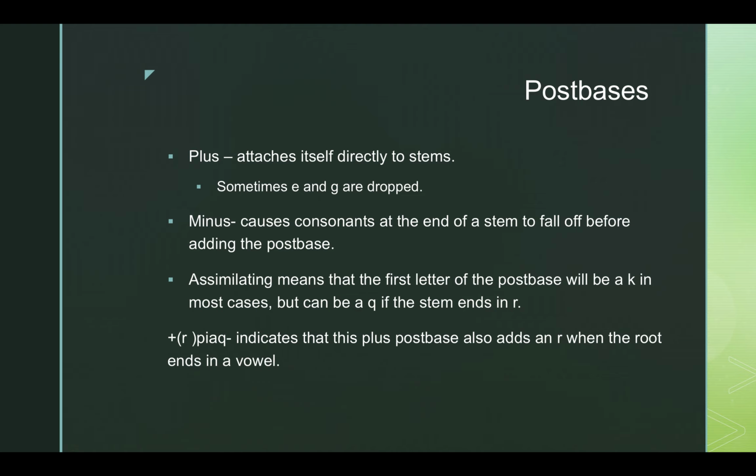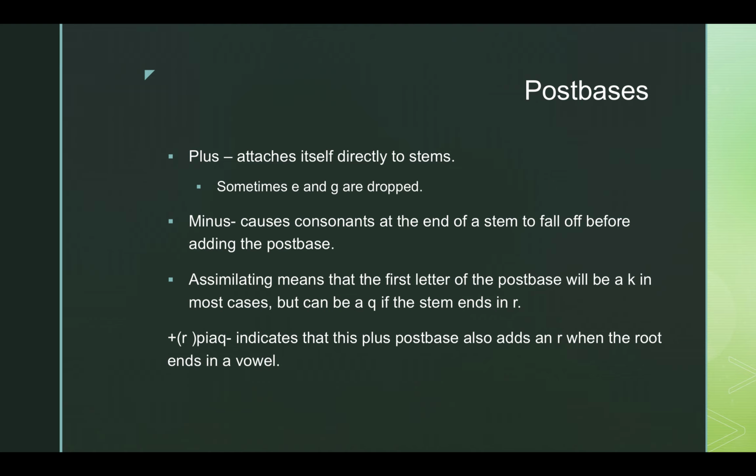And we have examples of these and how they work on the next slide. So I'm just telling you what these are. And then assimilating postbases mean that the first letter of the postbase will be a K in most cases. But it can be a Q if the stem ends in an R.